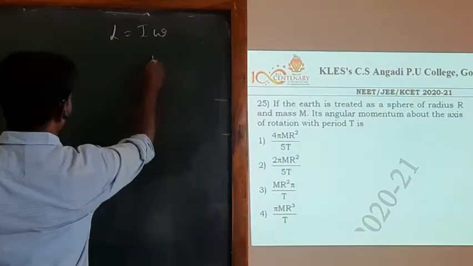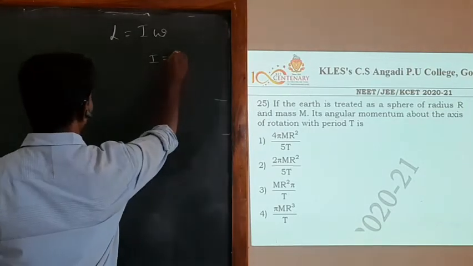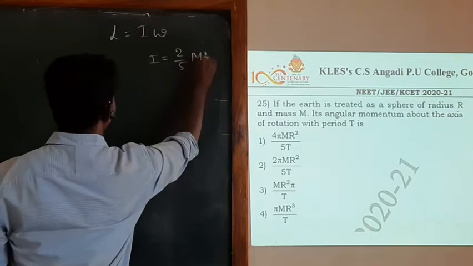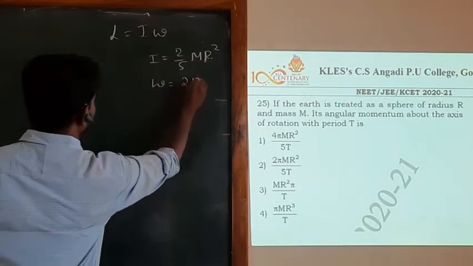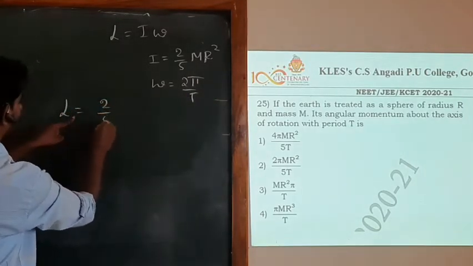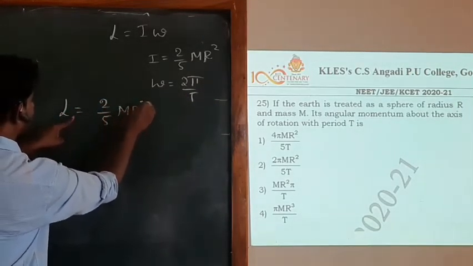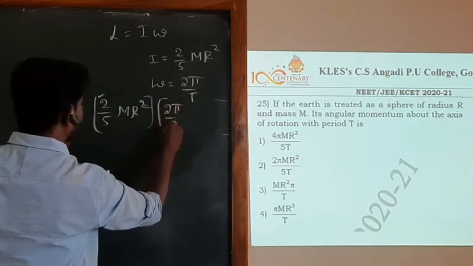The moment of inertia of a solid sphere, and Earth is considered to be a solid sphere, is 2 by 5 M R square, and omega is 2 pi by T. So L equals I omega. I value is 2 by 5 M R square, and omega value is 2 pi by T.